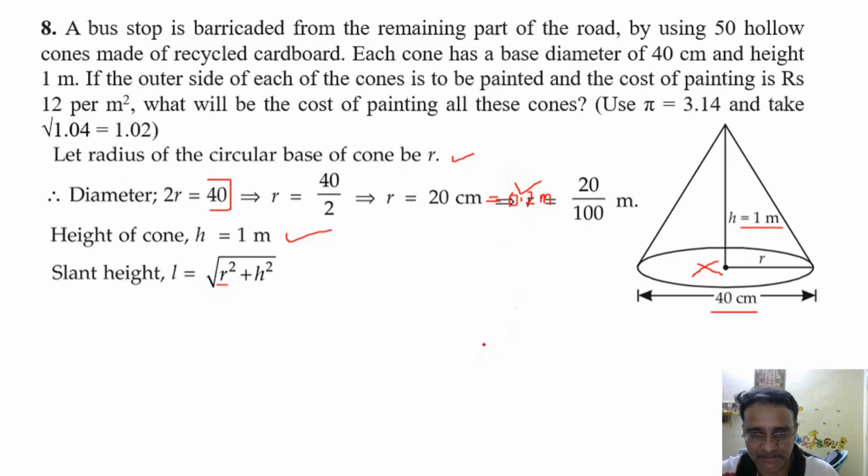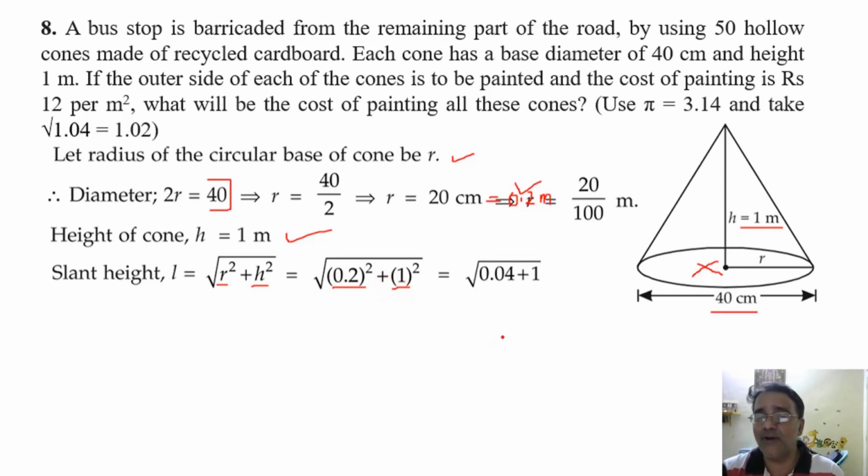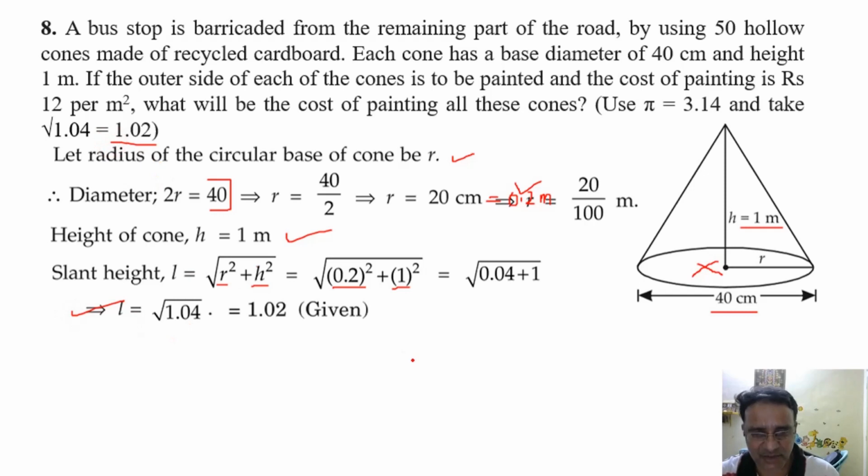I already told. And h is 1. So 0.2 whole square plus 1 square. 0.04 plus 1. So we'll get root over 1.04. And this value is already given. How much is given? 1.02. Right. So we got the value of L also.